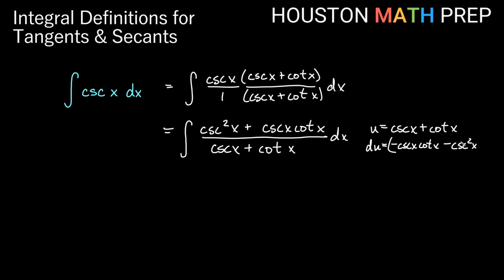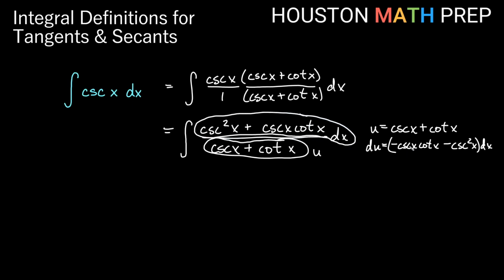We get all of that dx. And so what we have here is actually u on the bottom, and all of the stuff on top, you'll notice every term is off by a sign, right? We have negative and negative, so the top is actually negative du. And so then we get negative integral of du over u.